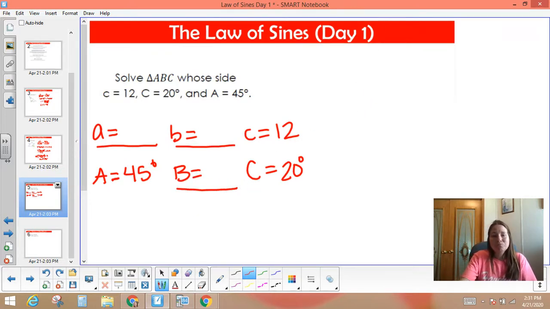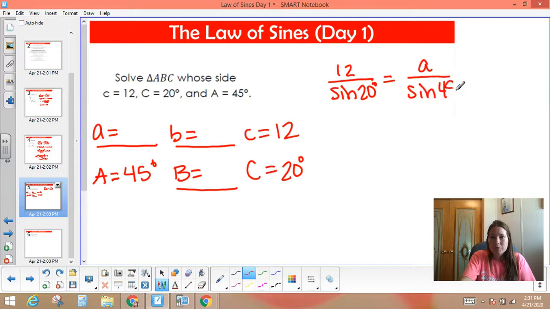All right, so looking at what I have, I can see my matching pair is the C's. So I can start with saying 12 divided by sine of 20 degrees is equal to, and then here I know one thing and I don't know the other, so that's what we're going to go with finding first. So A divided by sine of 45 degrees.